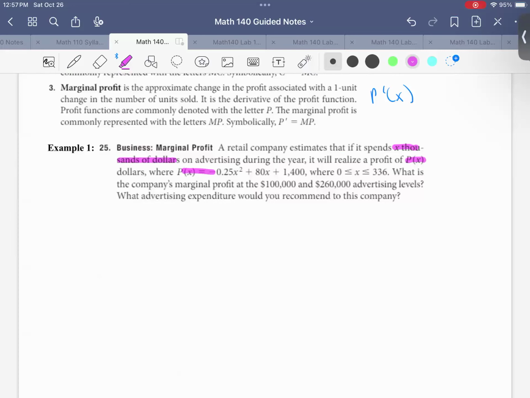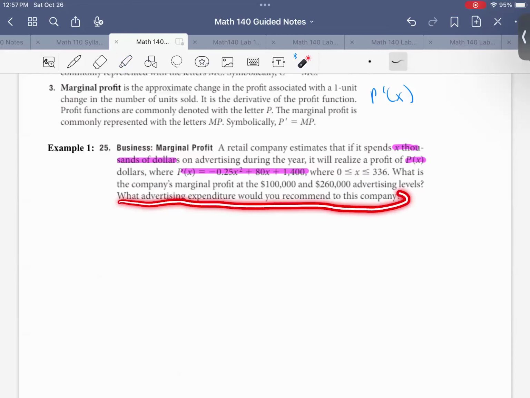Here's the profit function: P of x equals negative 0.25x squared plus 80x plus 1400, where x is between 0 and 336. The question asks what is the company's marginal profit at the $100,000 level and $260,000 advertising levels, and then what advertising expenditure would you recommend to this company?